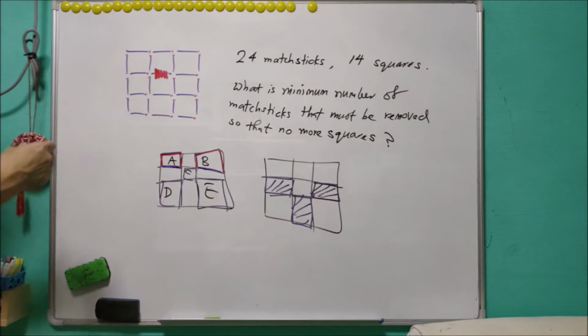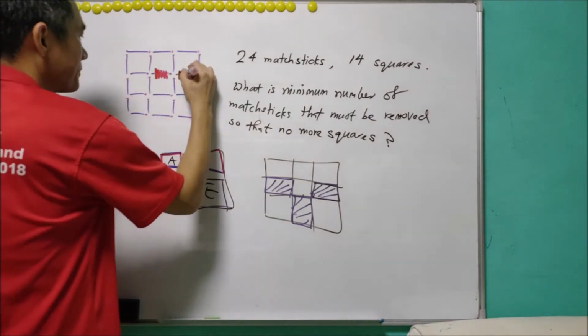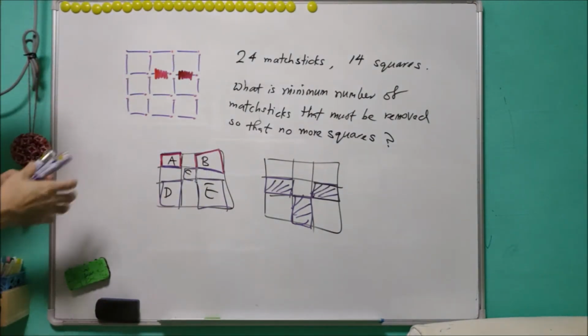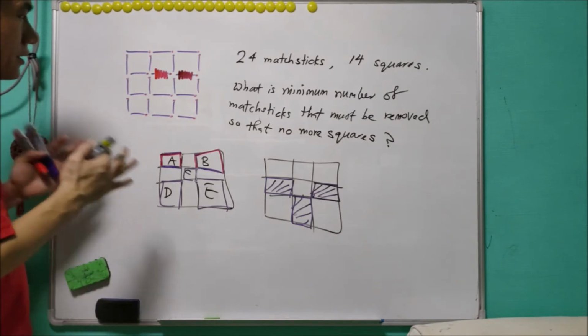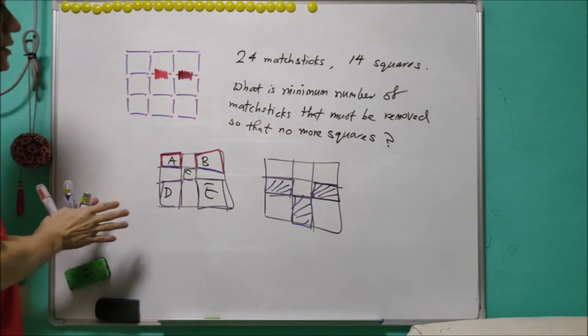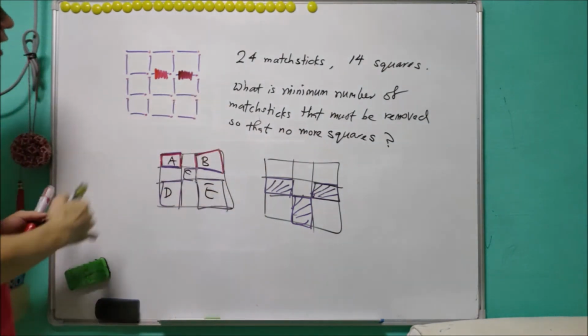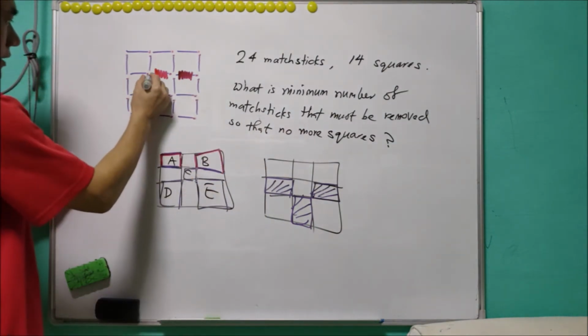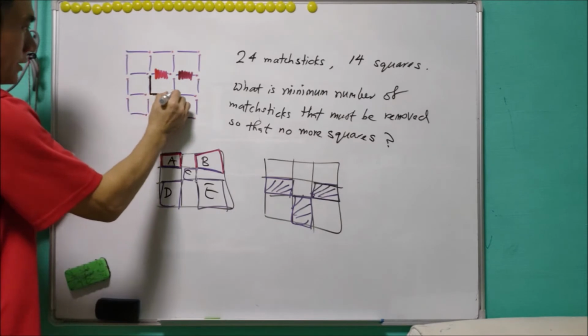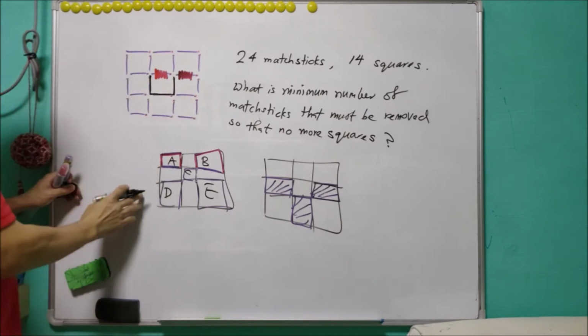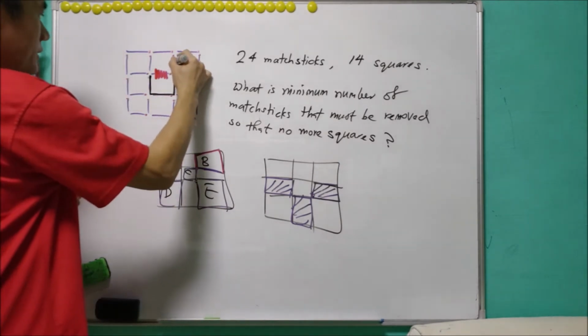So suppose we remove this side. Then we just need to focus on which matchsticks must remain if the minimum number of matchsticks to be removed is equal to 5. From C, this will always be there already. And from B, this is always there.